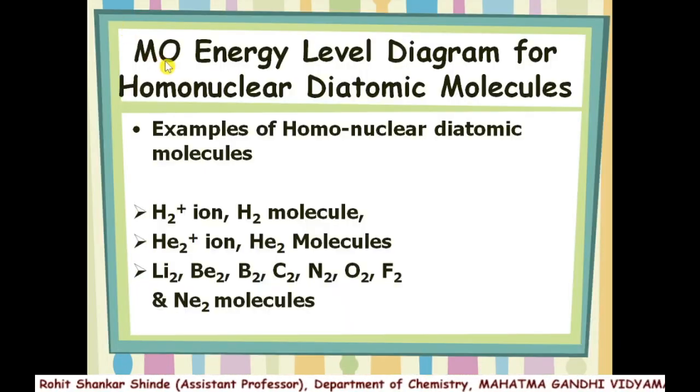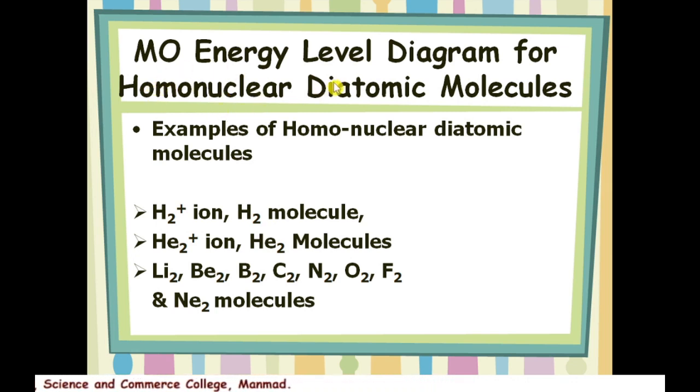Now, let us see the molecular orbital energy level diagram for homonuclear diatomic molecules. Homonuclear means having similar nuclei. Diatomic molecule means a molecule formed by combination of two atoms.